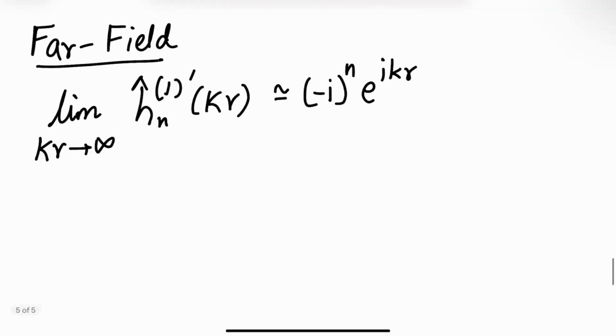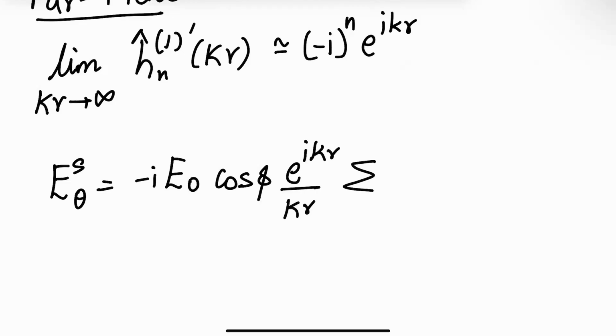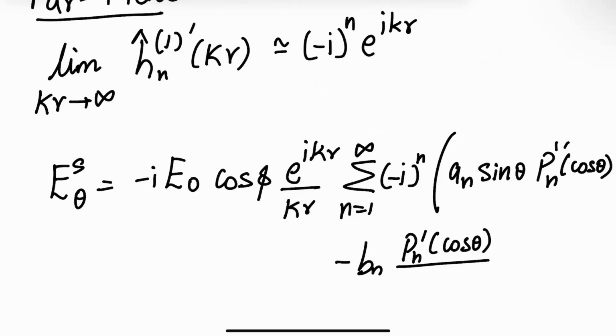Under these approximations, the scattered field theta component takes this form: cosine phi e to the ikr over kr, summation n equal to 1 to infinity, minus i to the n, an sine theta Pn1 prime cosine theta minus bn Pn1 cosine theta over sine theta.